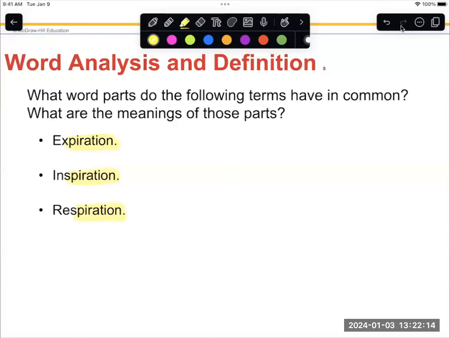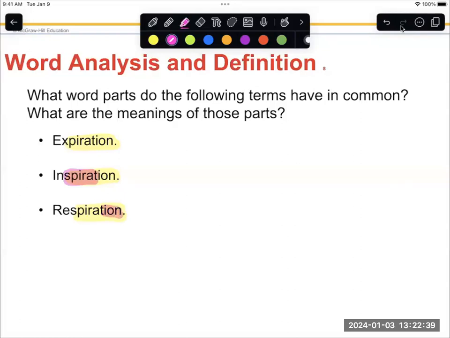So if we're looking at these words, expiration, inspiration and respiration, spirate means to breathe.